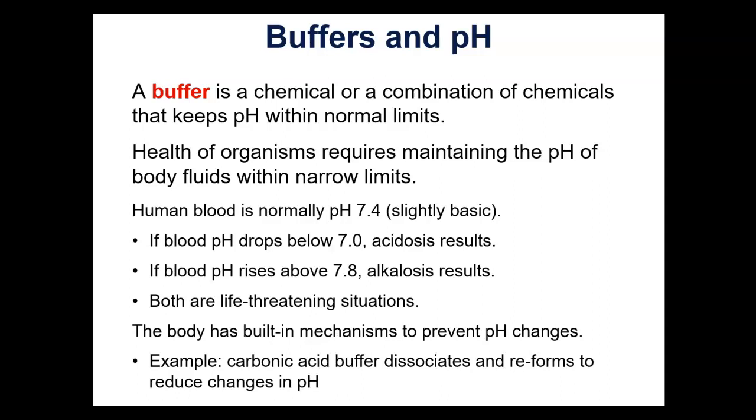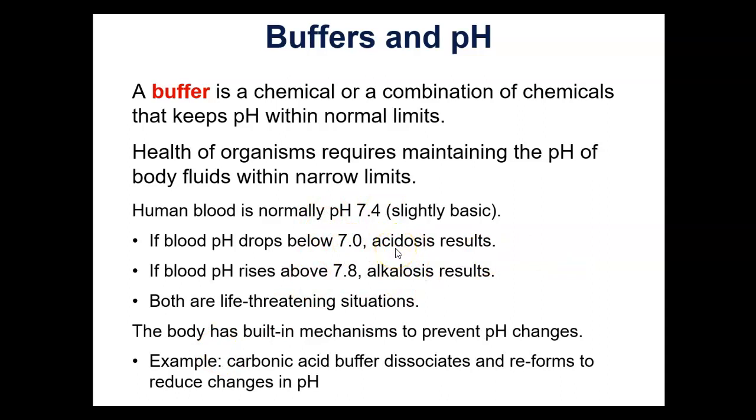Now, in our body, we have to maintain the pH of our body fluids within normal limits. And since the pH of human blood and most other body fluids is around 7.4, if it drops too far below that, acidosis results.